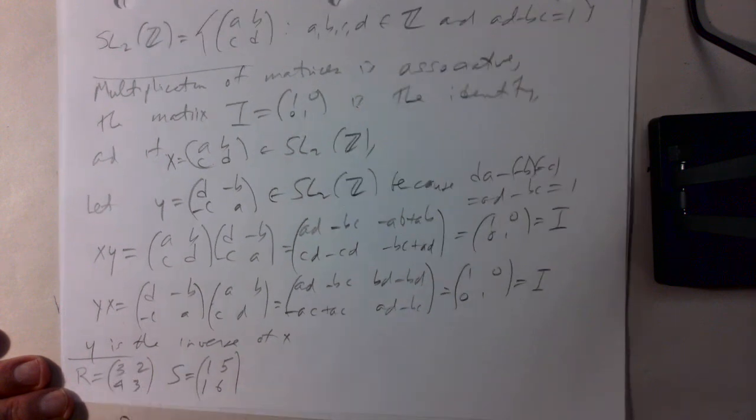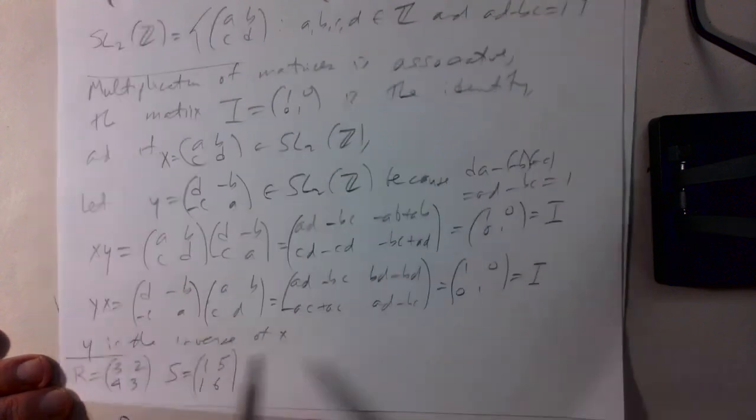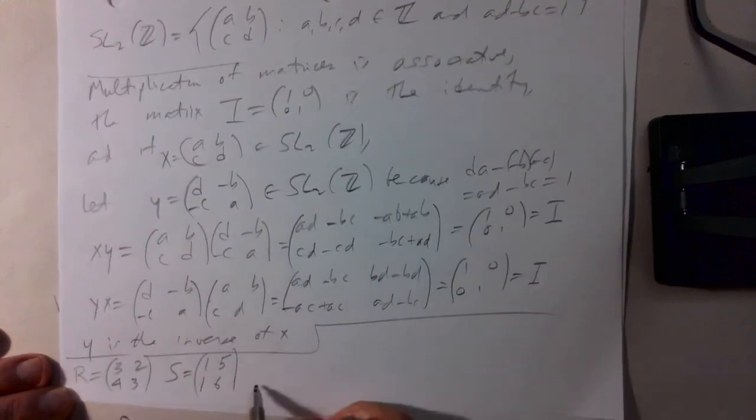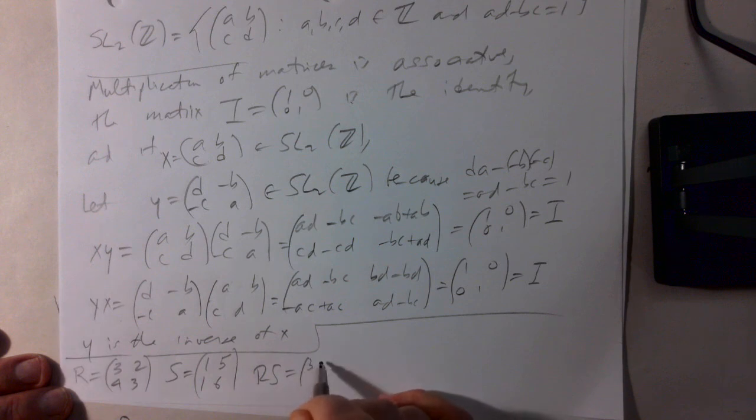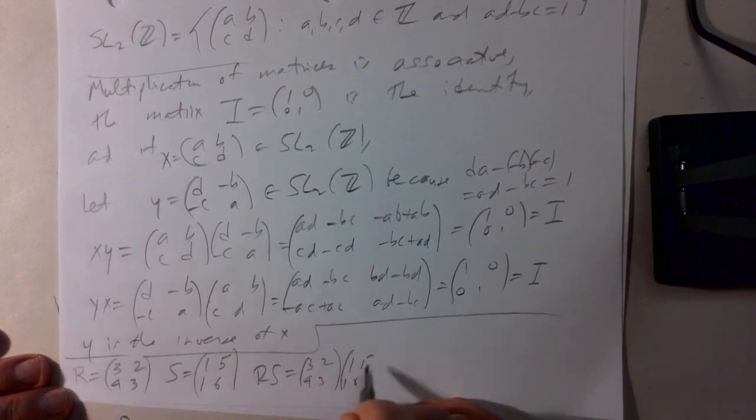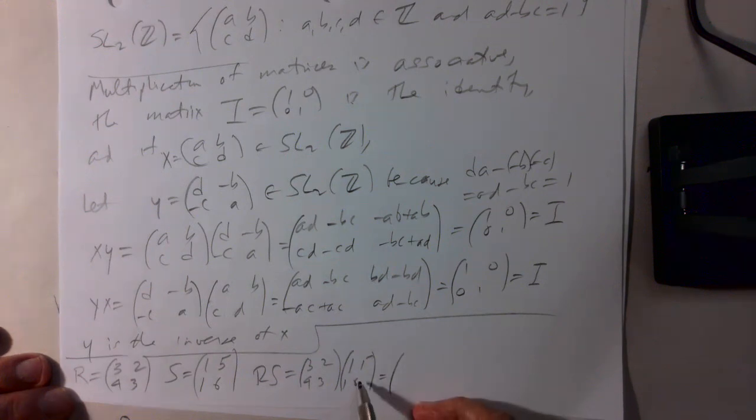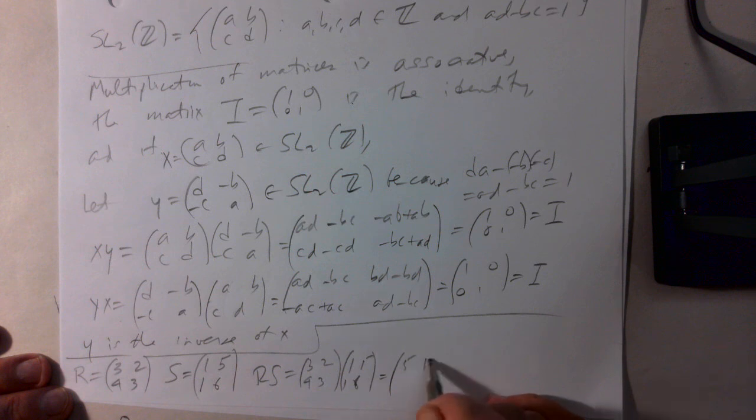So each of these has determinant 1. Let me multiply them together. RS is 3, 2, 4, 3, times 1, 5, 1, 6. This is 3 plus 2 is 5. 15 plus 12 is 27. 4 plus 3 is 7. 20 plus 18 is 38.